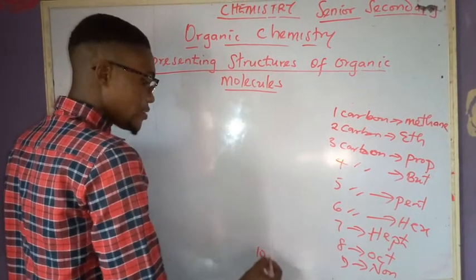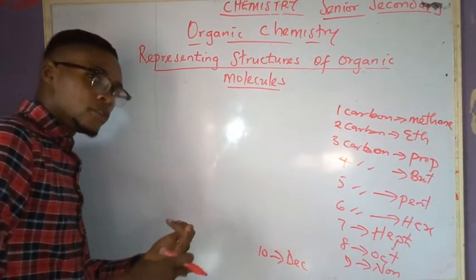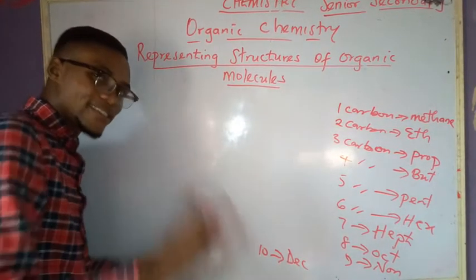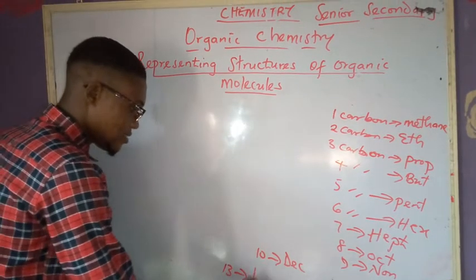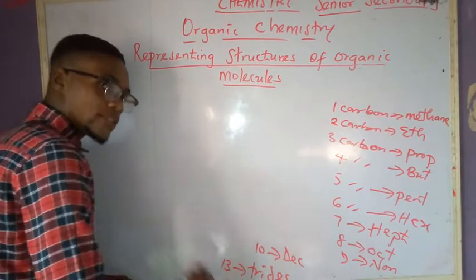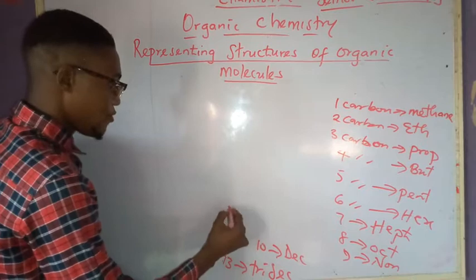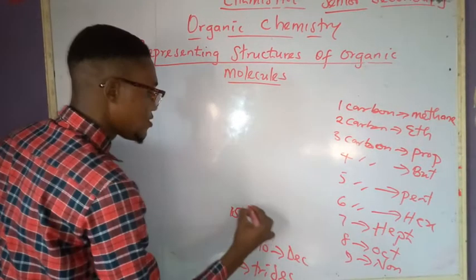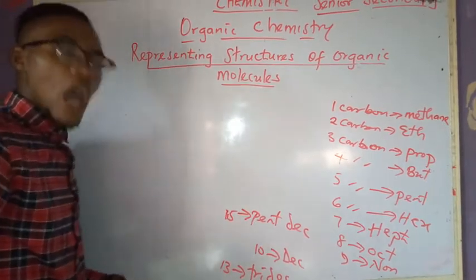And 10 stands for dec. In the next class, I'll teach you 11, 12, 13, 14, 15, 16. They are very simple. Like 13 is tridec, 14 is quadridec, and so on. Like 15, I'll just call it pentadec, and so on. So in the next class, I'll teach you.